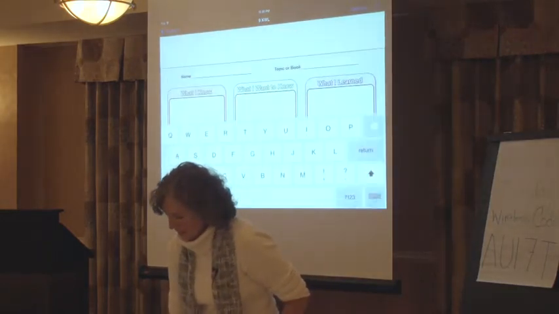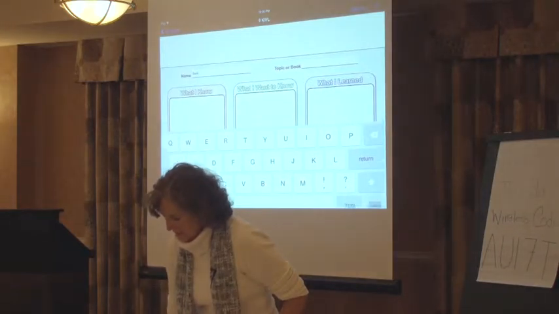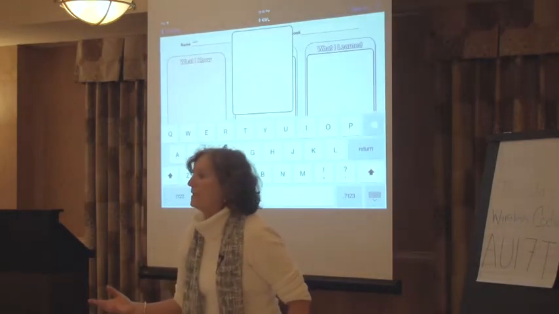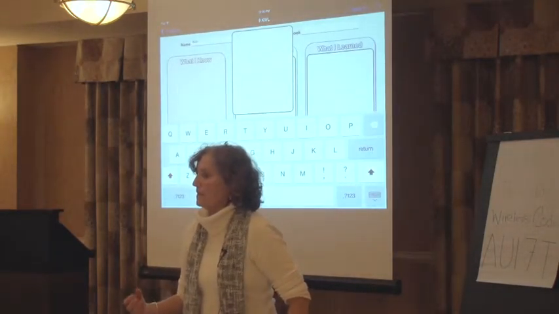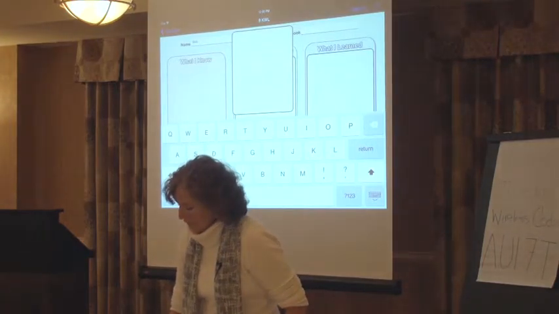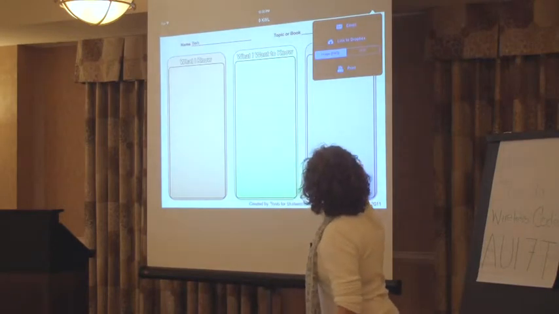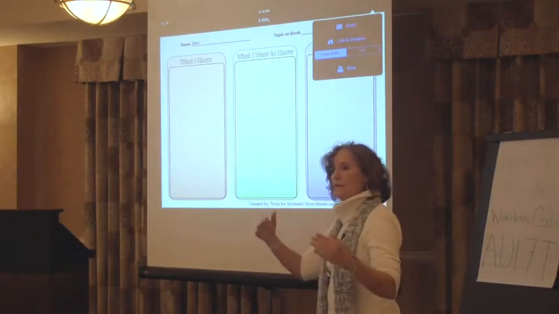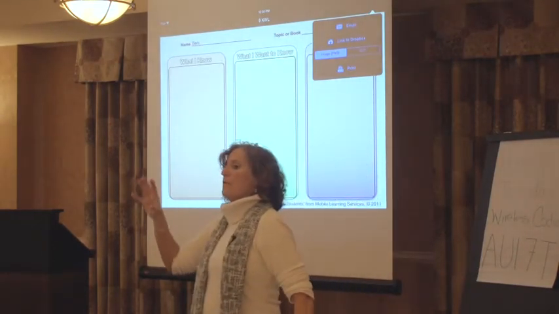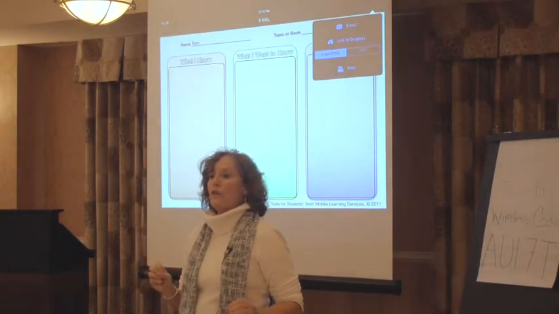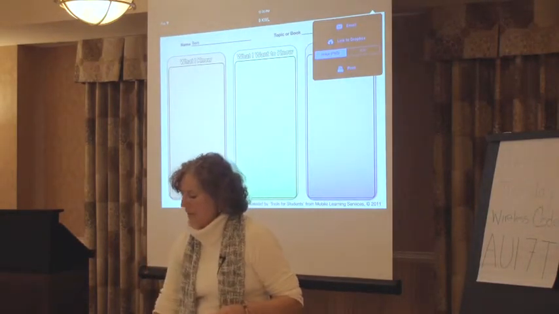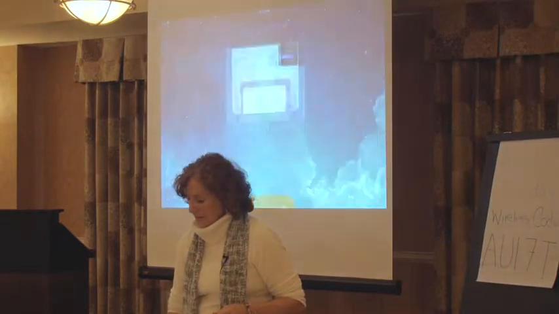I can easily type in my name. I can use the voice to text, right? So it's accessible. And fill all of that in and then export it out by email to the teacher or to myself to use. So those are already made graphic organizers that apply to many different classes.